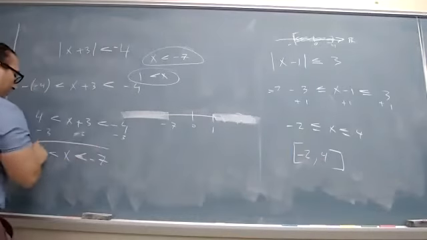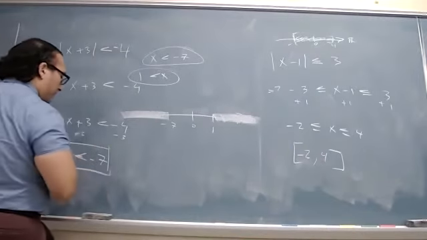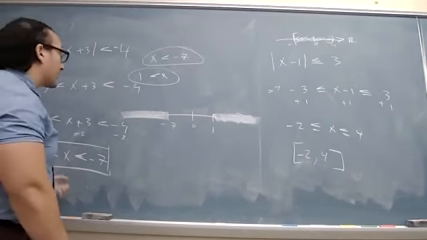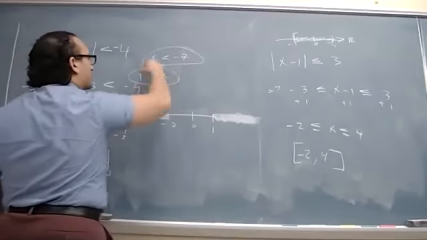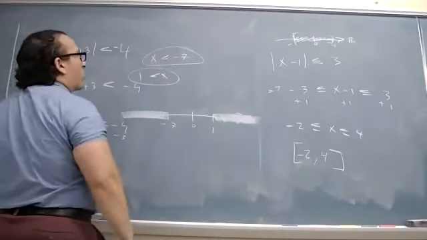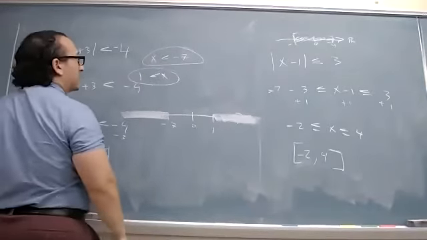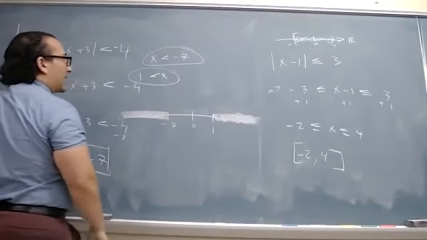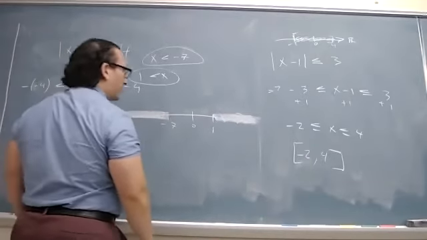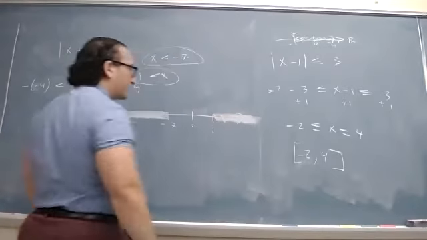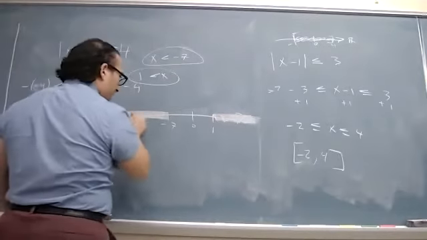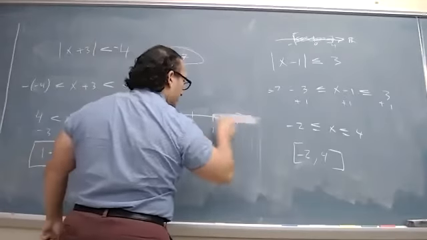So we got to this point, right? Applying the fundamental theorem of absolute values. Notice that if you separate it like this and that, we notice that x is less than -7 gives us this stuff, and x is greater than 1 gives us this stuff. So how do we write this in interval notation? We write this piece union this piece.